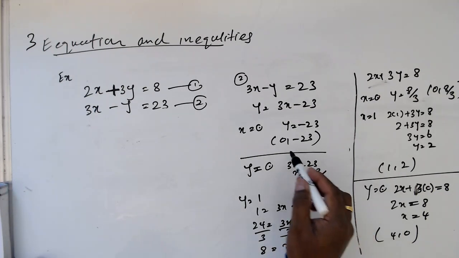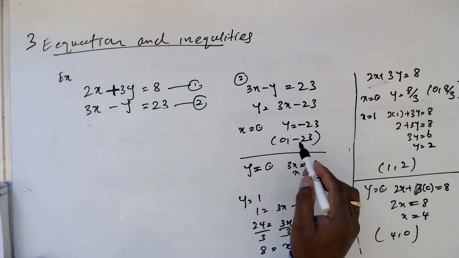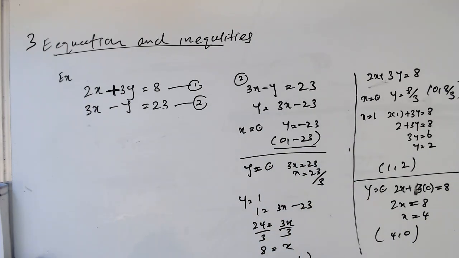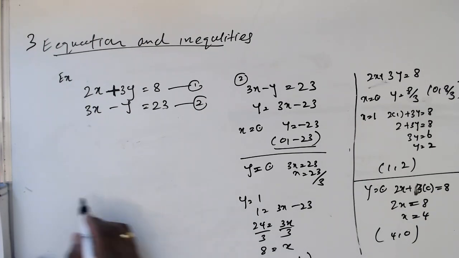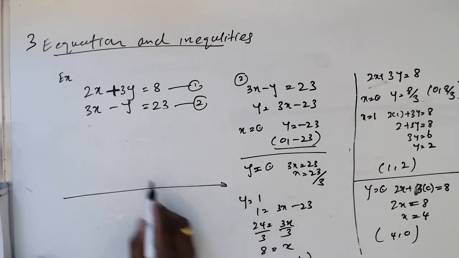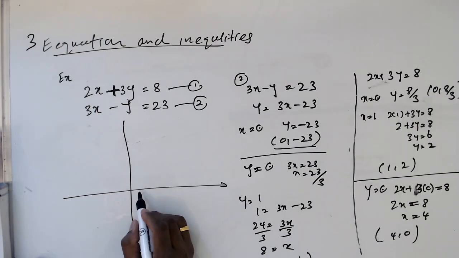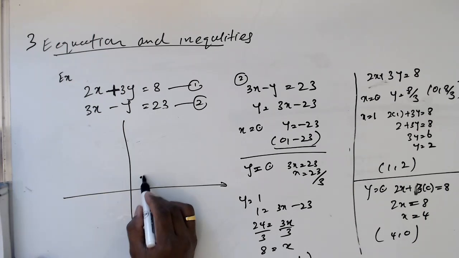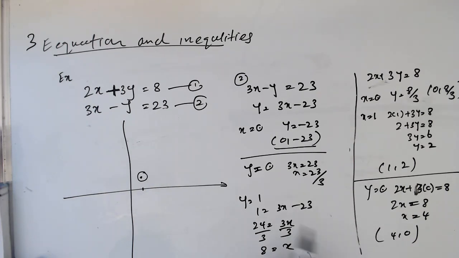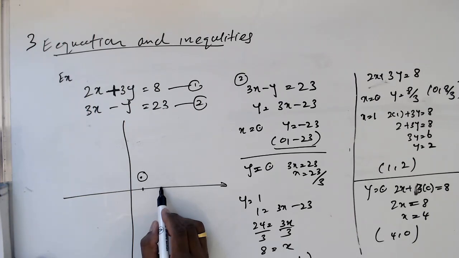So now we have 2 points to draw this, and we can mark them roughly. For the first line, (1, 2) is somewhere here, and (4, 0) somewhere here.